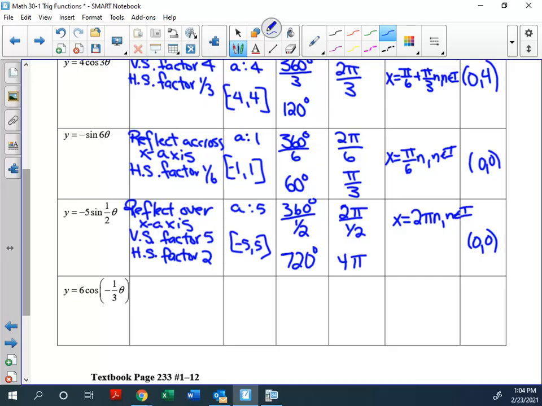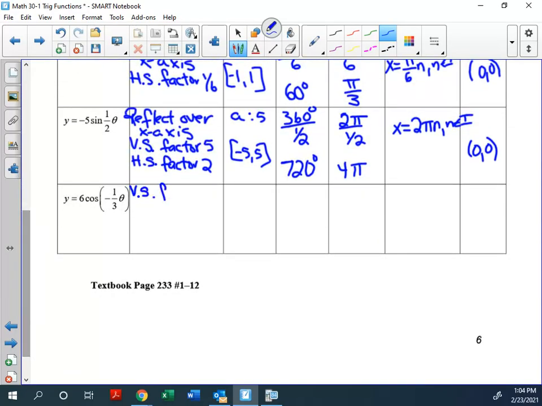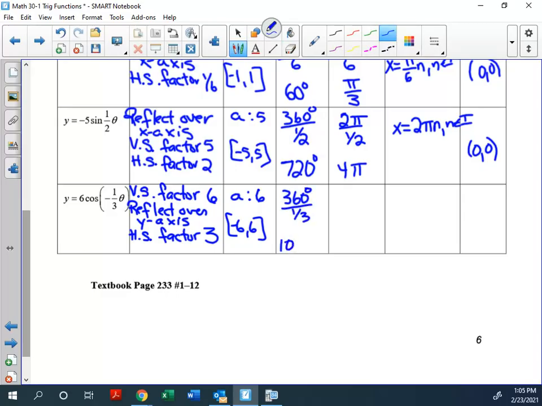Cosine is always a little bit of a, let's stop and think. Pause here to make sure you do this thinking.